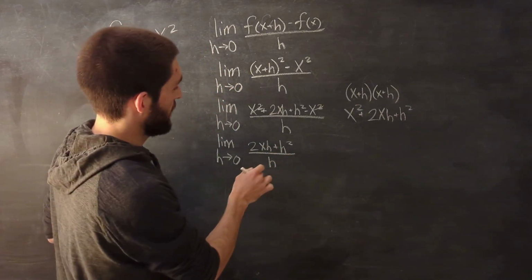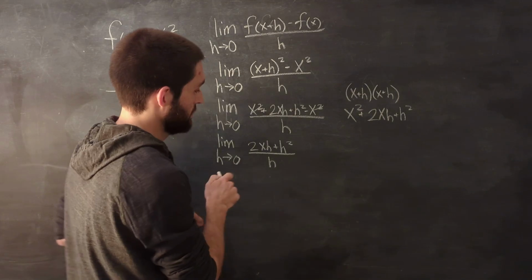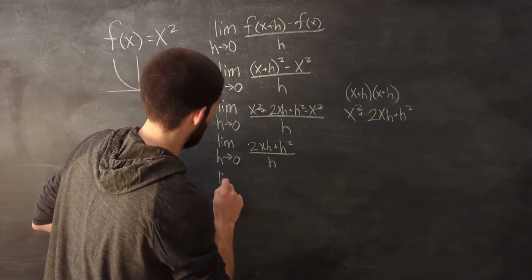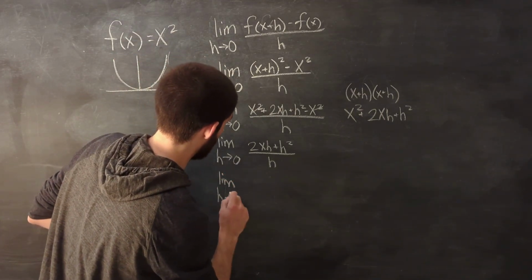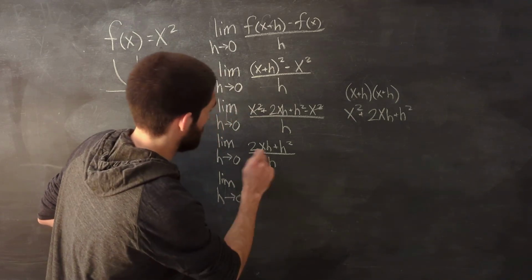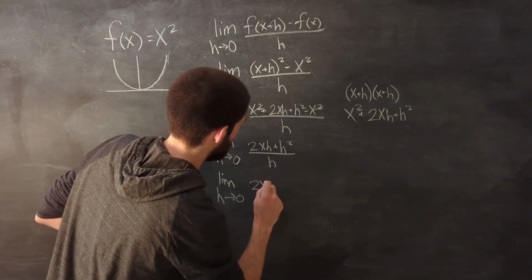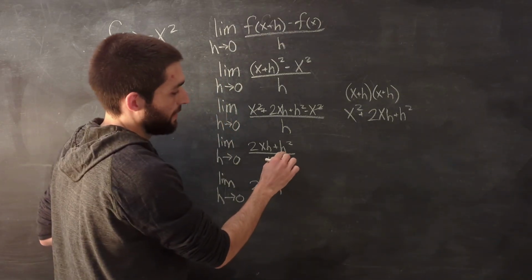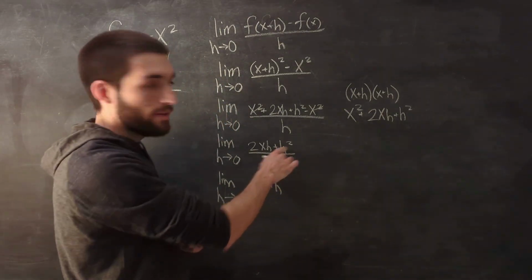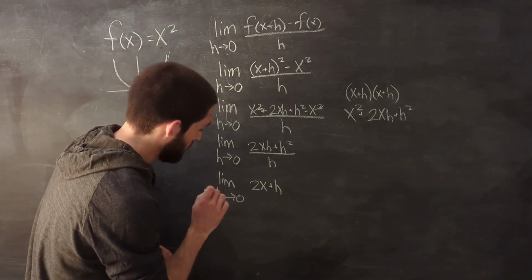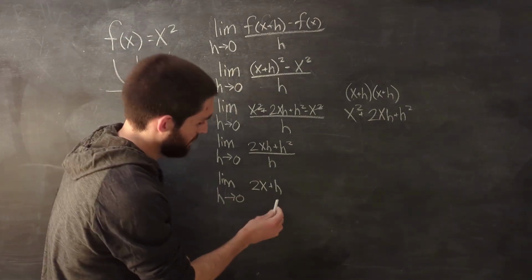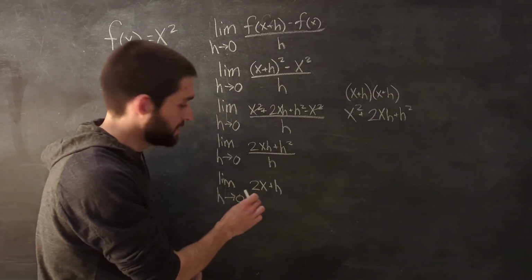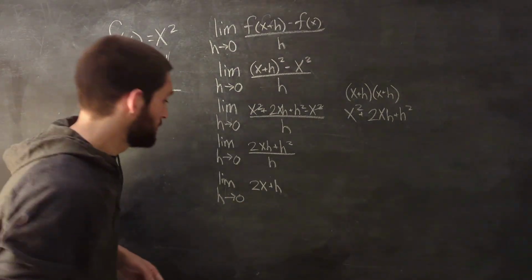So I can divide an h out of everything here. Dividing out an h, I have 2x plus h, because I divided out one of these h's, I still have the other one. So we can find the limit as h approaches 0 of 2x plus h, and that will be the derivative.